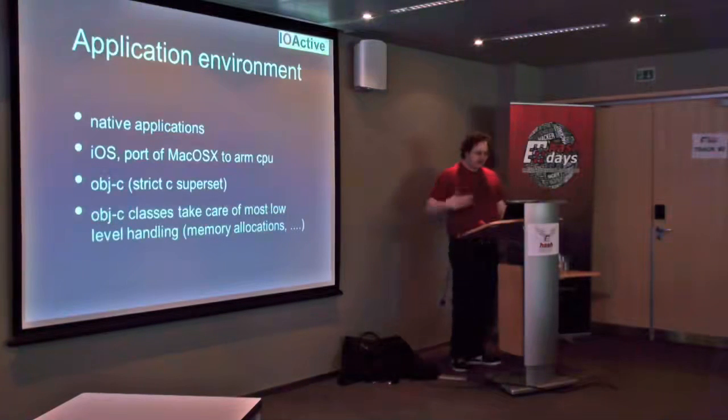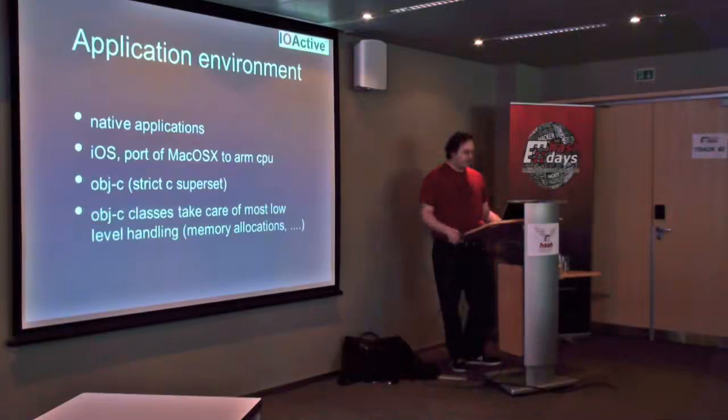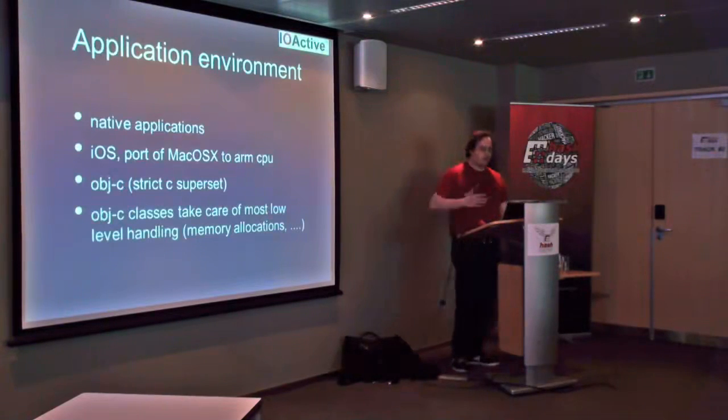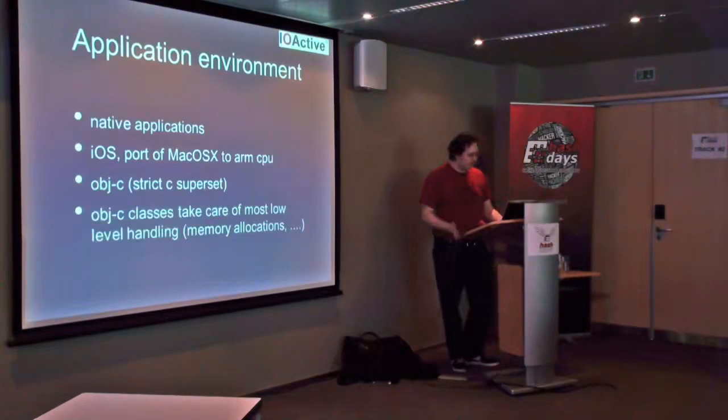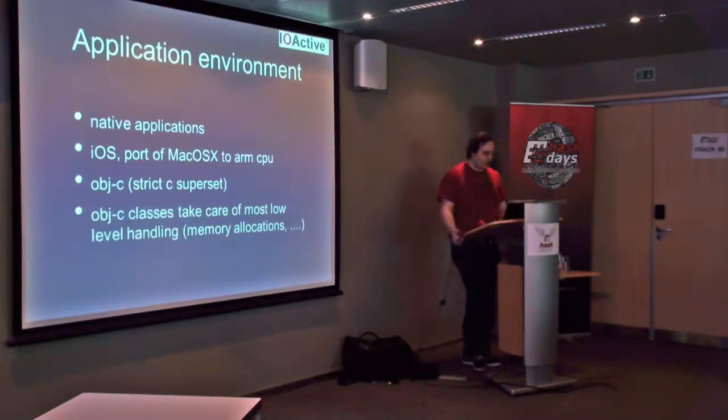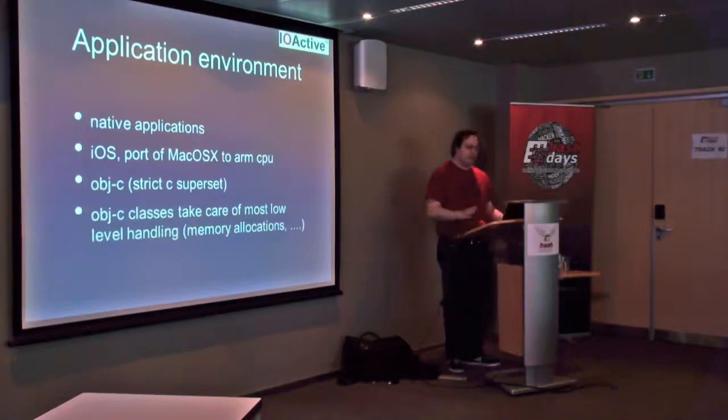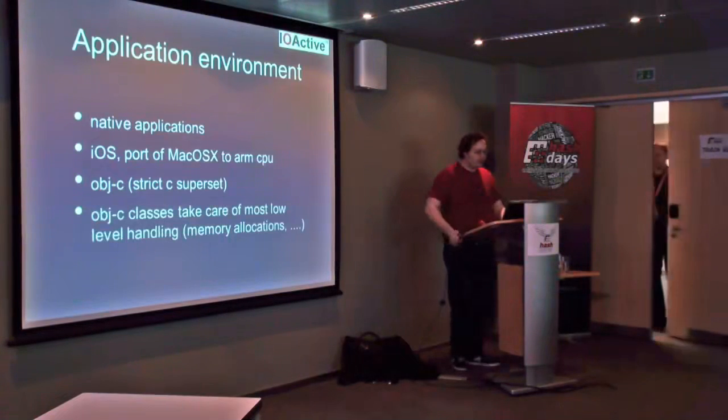Before we can dive into that, let's discuss the application environment for a second. iOS apps, almost all of them are native applications. What that means is they're written in Objective-C, which is an offspring from the C language. It's a strict C superset. What that means is that every valid piece of C code is a valid piece of Objective-C code.